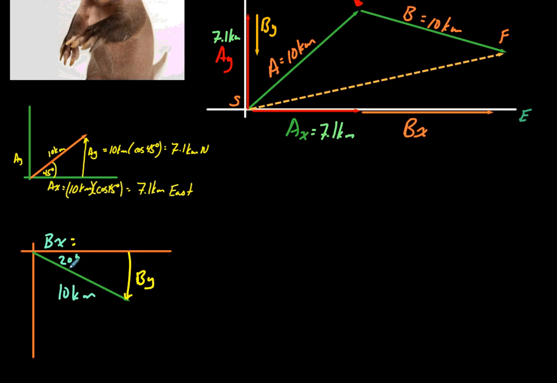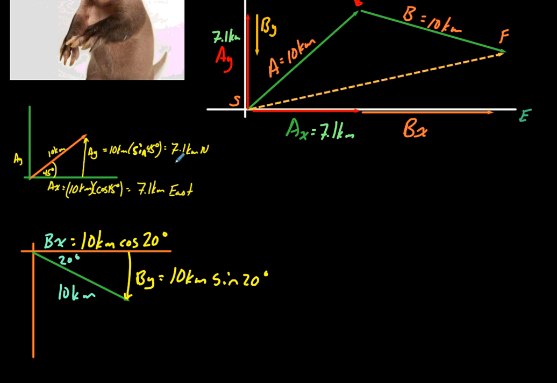So BX, well, that's the adjacent angle. Okay, so how far do we go in the X direction? BY is 10 kilometers times the sine of 20 degrees. Just realized I wrote cos in here twice. That one should have been sine.